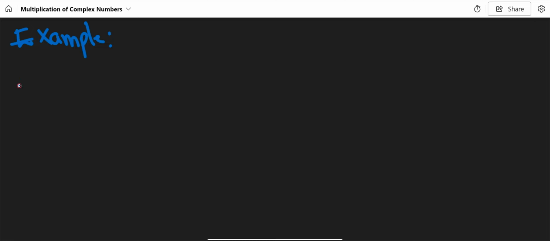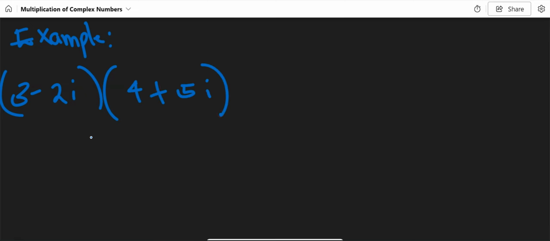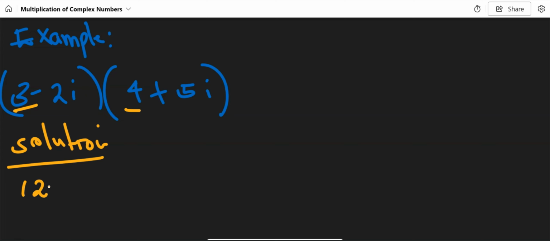Example: when given 3 minus 2i multiplied by 4 plus 5i. Solution. Real parts multiply with the real parts, of course, that's the first thing. We open brackets the normal way. So 3 times 4, that is 12. 3 times 5i, that is plus 15i.